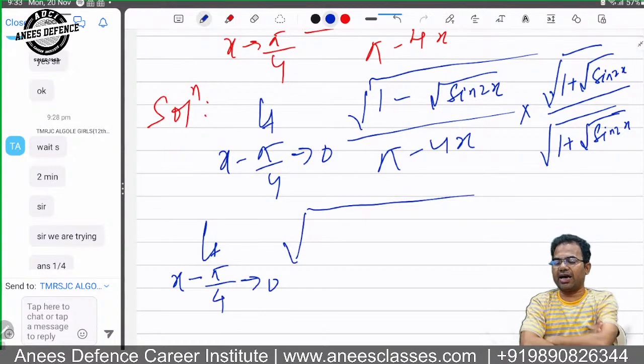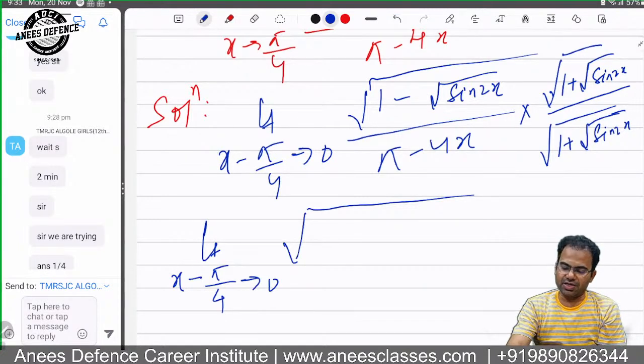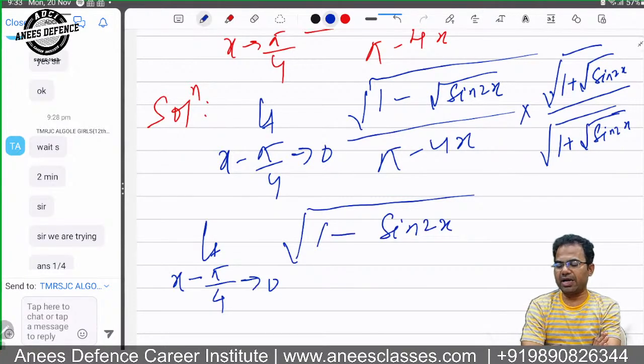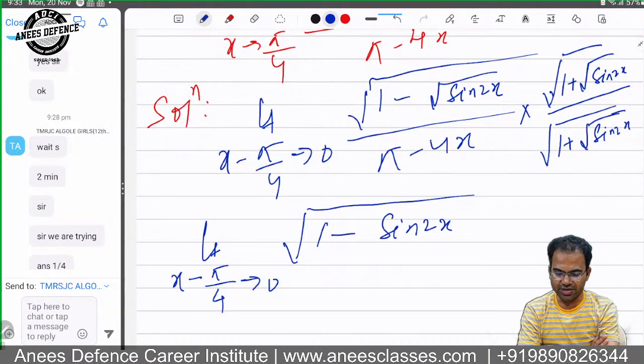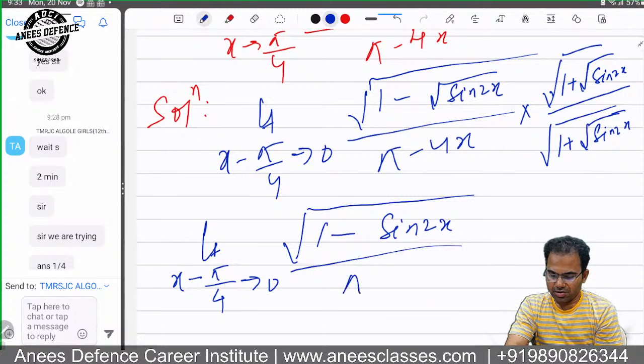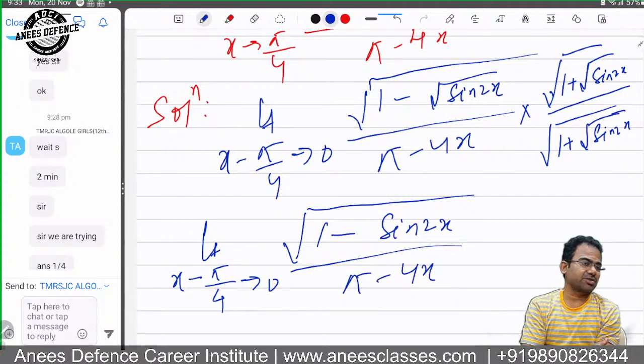Inside under root I have 1 minus a into 1 plus a. So 1 minus a square minus b square. So it will be 1 minus sine 2x upon pi minus 4x.